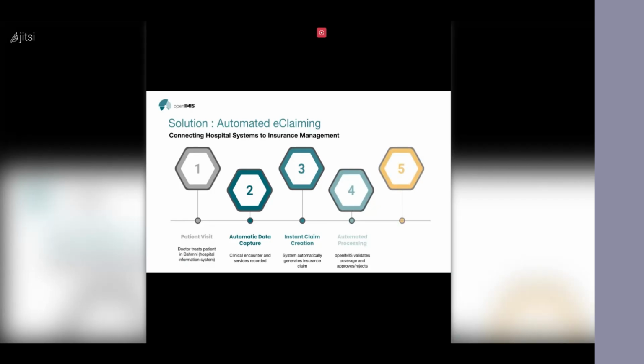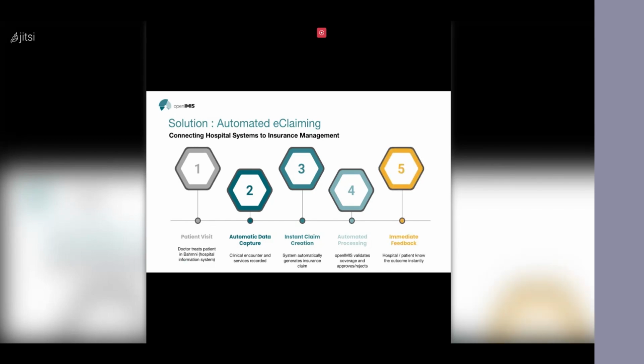The next point is the automated processing. This one is on the openIMIS side, with the validity rules already existing and the review process that you all know in openIMIS, which makes it possible to approve or reject those different claims based on the different rules implemented in openIMIS.